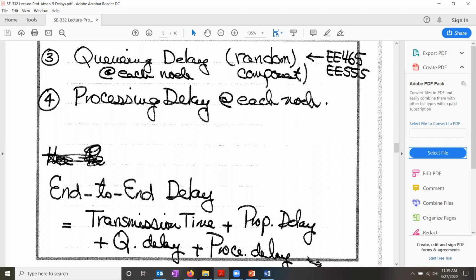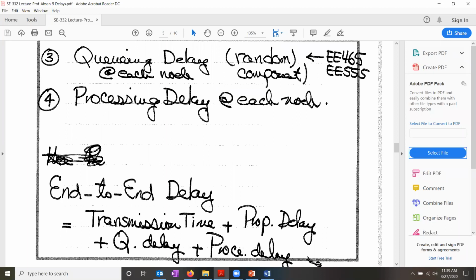And the values of these delays will be given. You won't have to use any formula to calculate these delays. But every delay is for every particular node. If there are 4 nodes, the delay will be multiplied by 4. If there are 4 nodes, the processing delay will also be multiplied by 4.